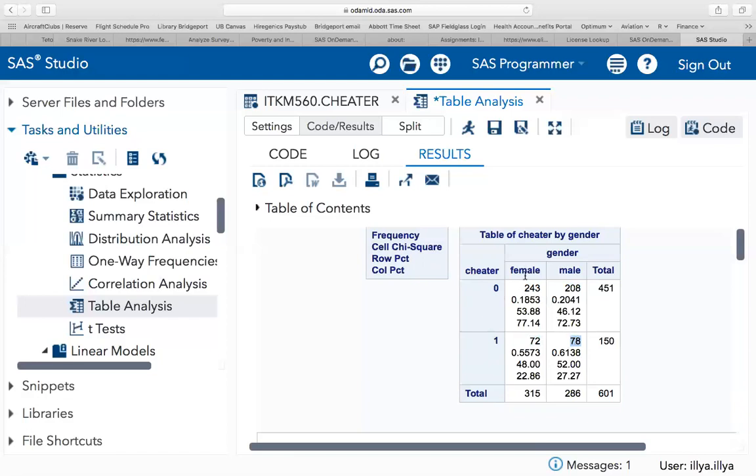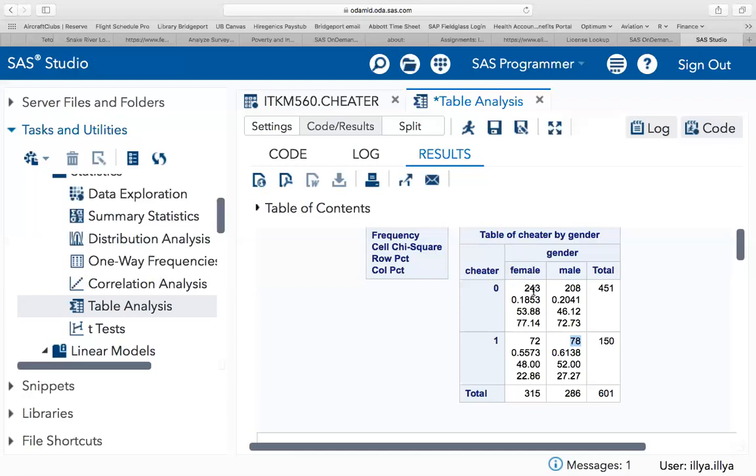Given the way this table is organized, I am more interested in the column. So I gave you guys the choice to set up rows and columns however you wanted to. I would keep it consistent. Because if you keep it consistent, you're going to know what matters most, rows or columns.